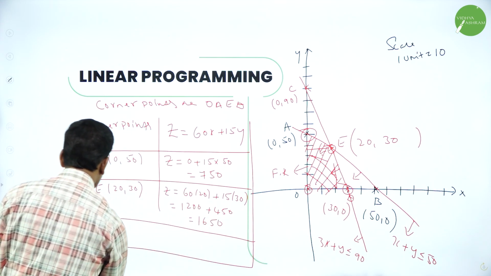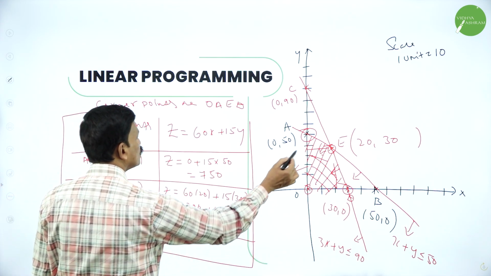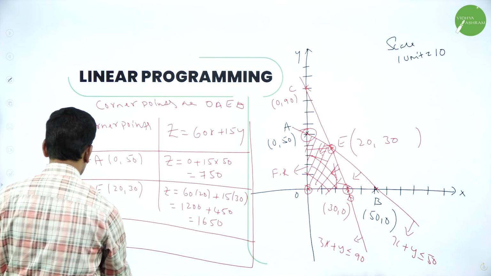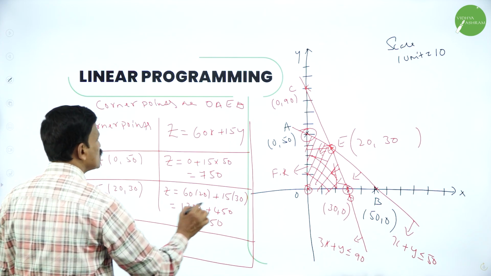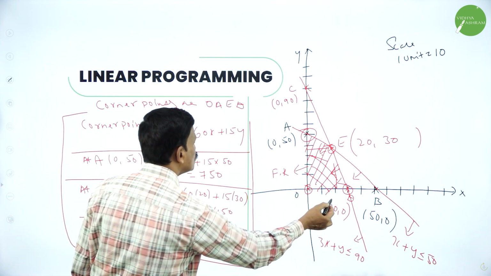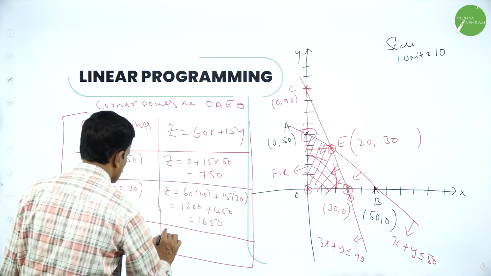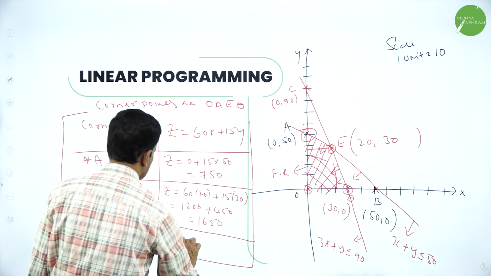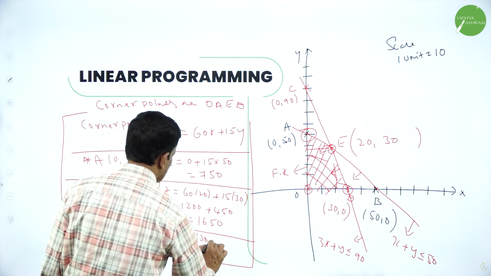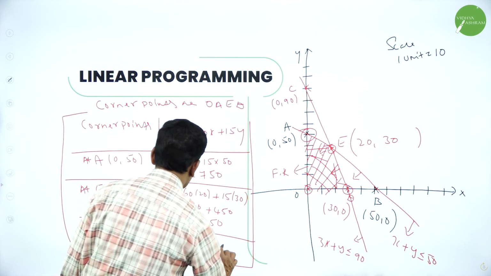Now, at the last point, what is the last point? We have D. At D, what is D? D is equal to (30, 0). So this is Z is equal to 60 into 30 is equal to 1800.